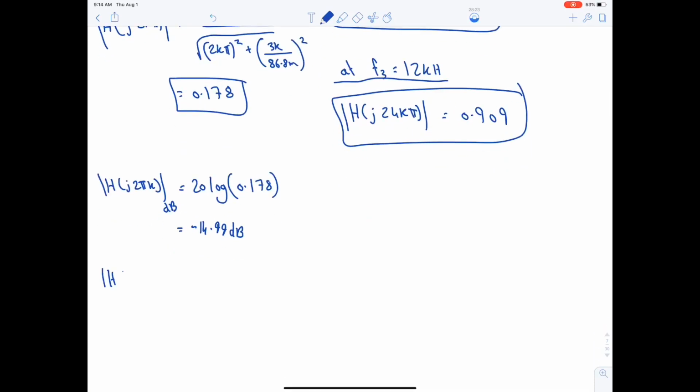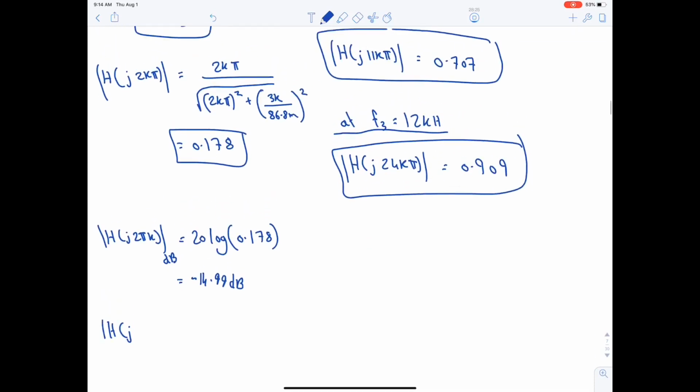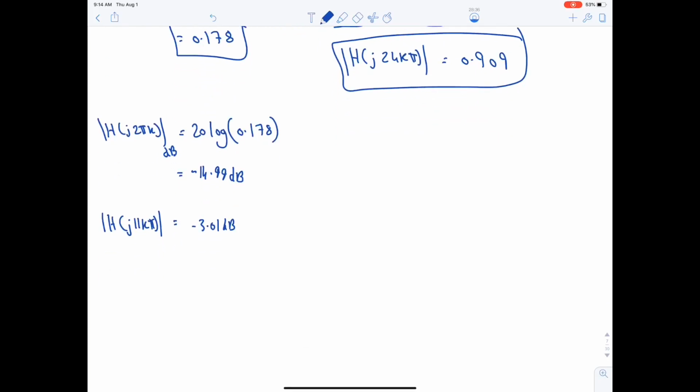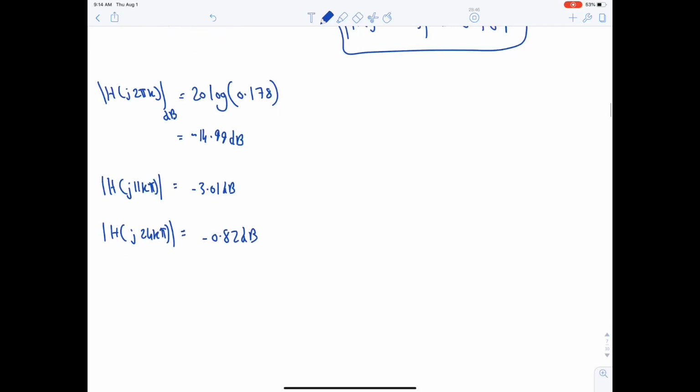For the second one, which was 11 kilo pi, it's minus 3.01 dB, same thing, 20 log. Third one is j24 kilo pi, and it will be minus 0.82 dB.